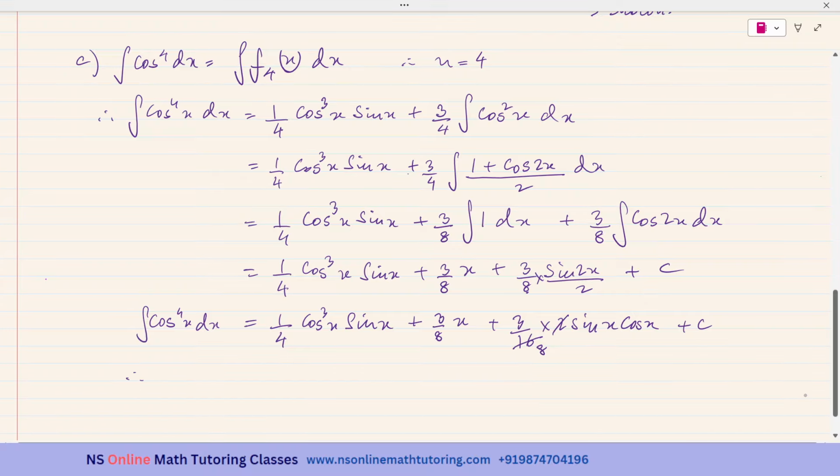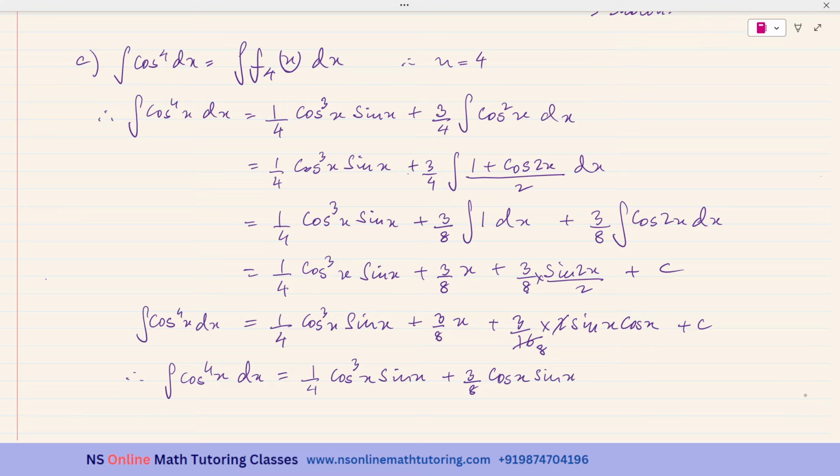So therefore, the integral of cos to the power of 4x is 1/4 cos cube x sin x plus 3/8 cos x sin x plus 3/8 x plus c.